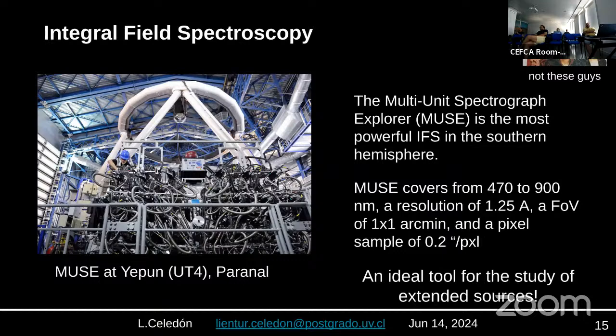This is enough for us to study the kinematics of these expanding shells, whose velocities are on the order of hundreds of kilometers per second. The field of view is also large enough, 1 by 1 arcminute, to resolve the whole shell in most of the cases.